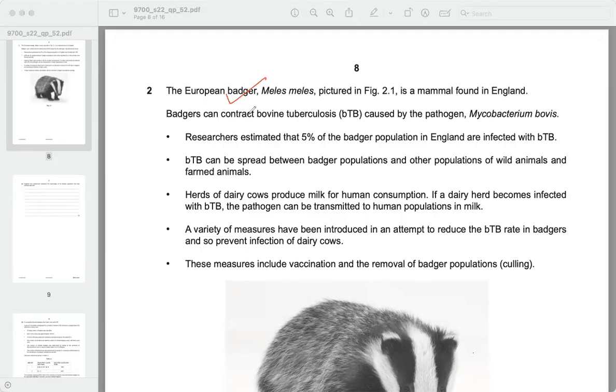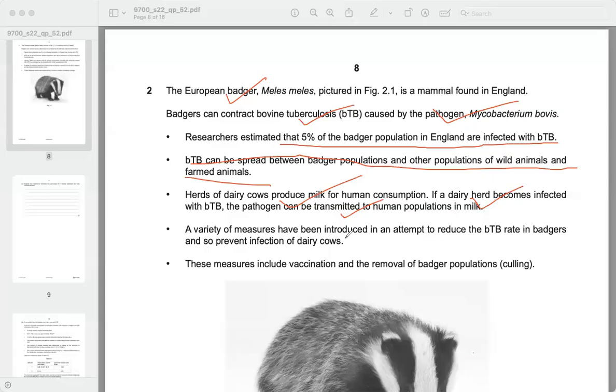Badgers can contract bovine tuberculosis caused by a particular pathogen. Researchers estimated that 5% of the population was infected with this bovine tuberculosis. It spreads between the badger population and other populations of wild and farmed animals. Then we have herds of dairy cows that produce milk. If a dairy herd becomes infected, the pathogens can be transmitted to humans.